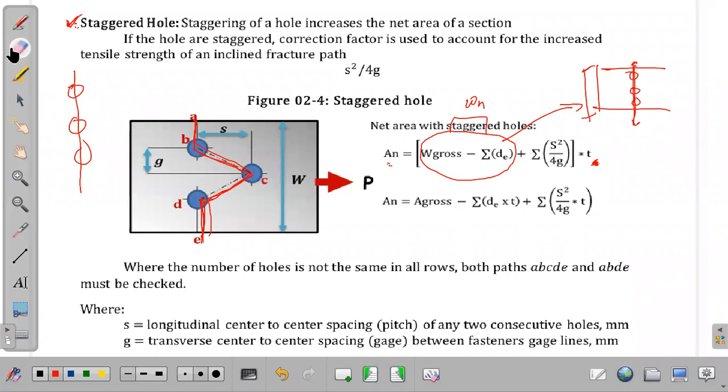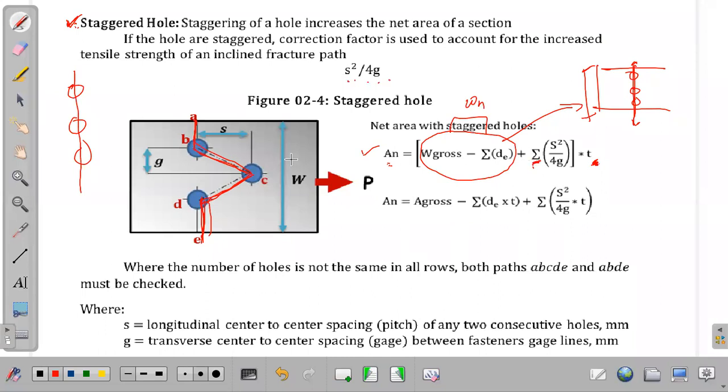So for the staggered hole, given is Cochrane's equation, this is our equation for a staggered hole. Okay? So we add S squared over 4G. Okay? So summation.